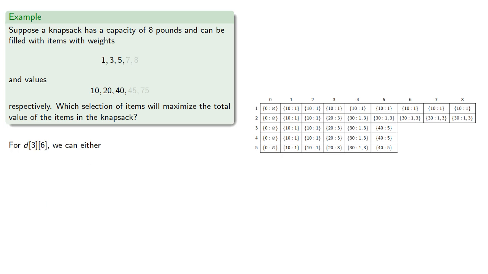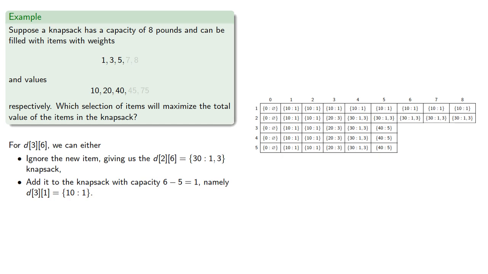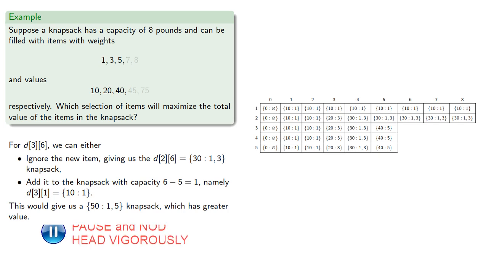For D of 3, 6, we can either ignore the item, giving us the D 2, 6 knapsack, or add it to the knapsack with capacity 6 minus 5, 1, namely D 3, 1. This would give us a 5-1-5 knapsack, which has greater value.